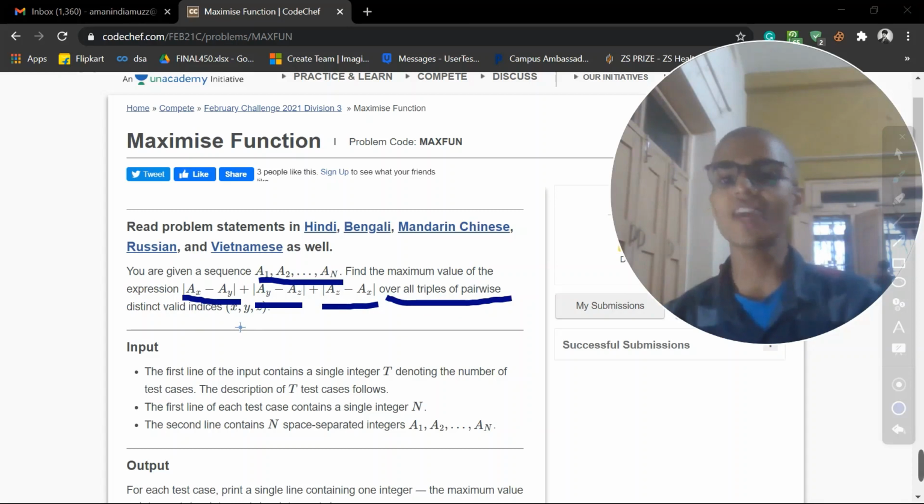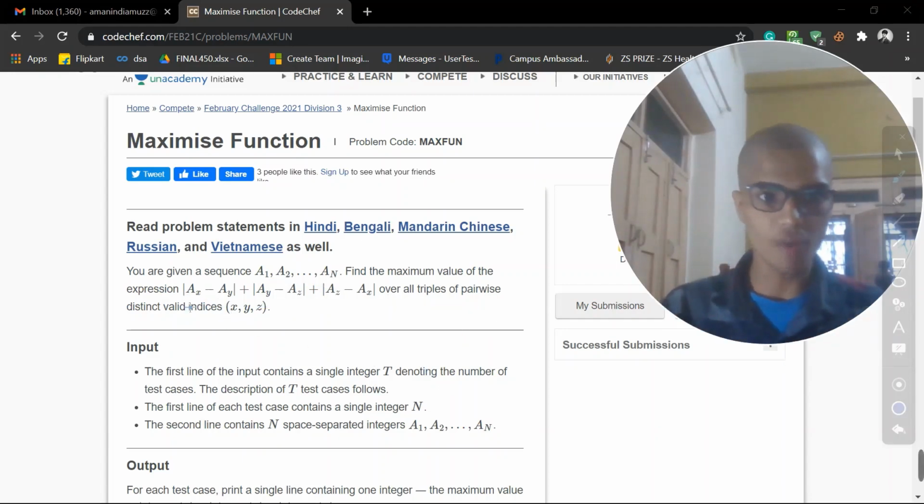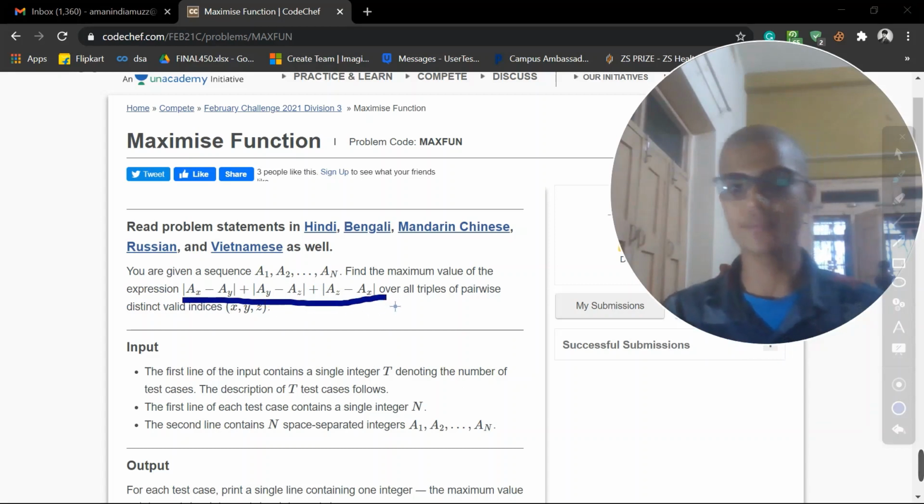So the question is, they have given you a sequence of numbers and you have to choose x, y, z from it. X, Y, Z actually represent the positions of a number, and after choosing those numbers you have to find the positions for which the sum of this function gives the maximum value.